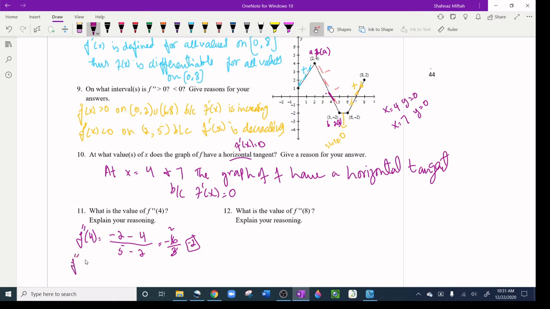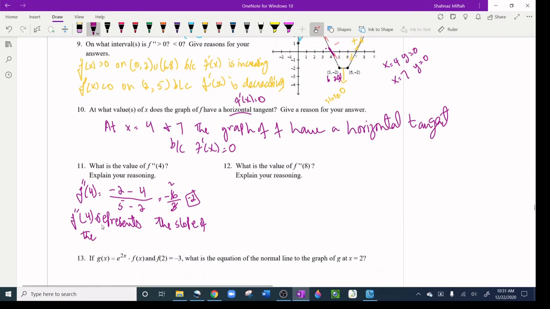So I'm going to say f double prime 4 represents the slope of the tangent line to the graph of f prime x at x equal 4.